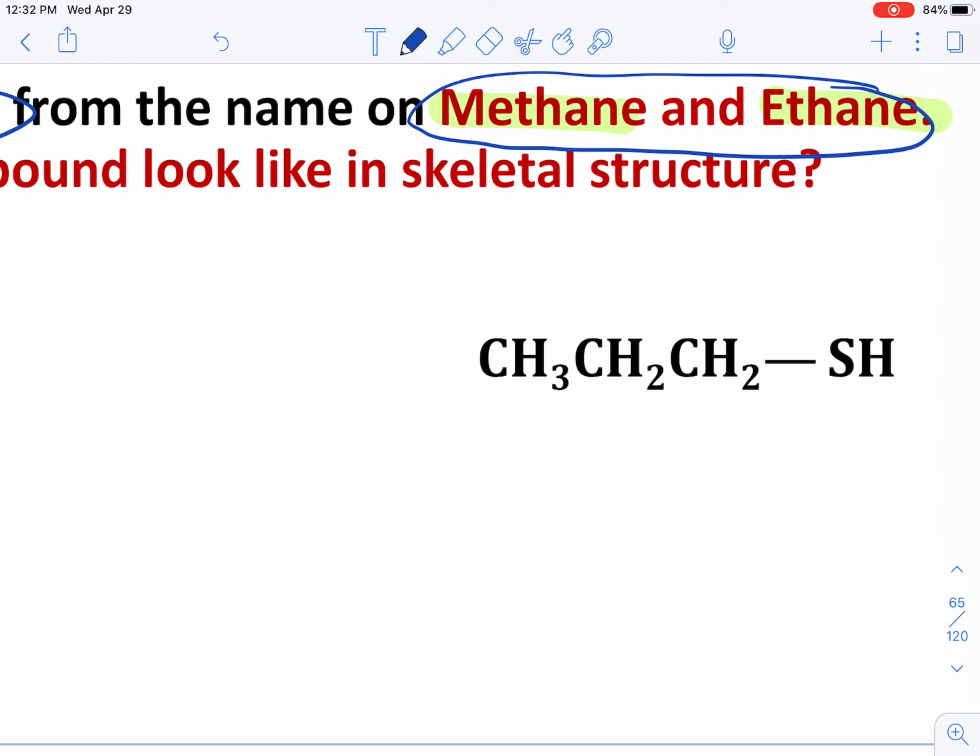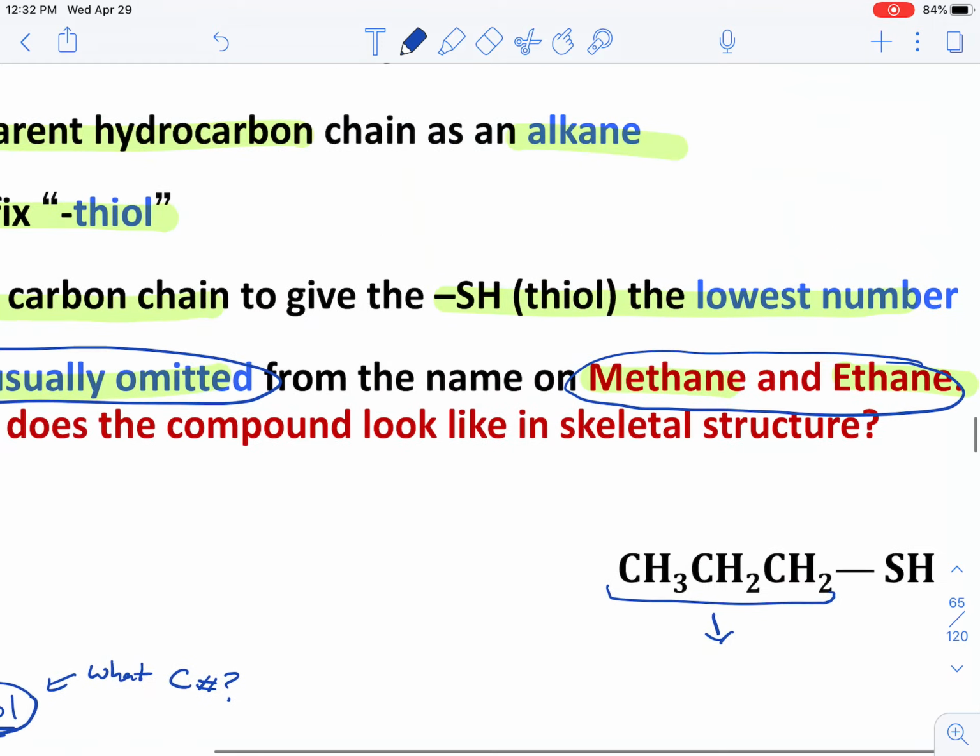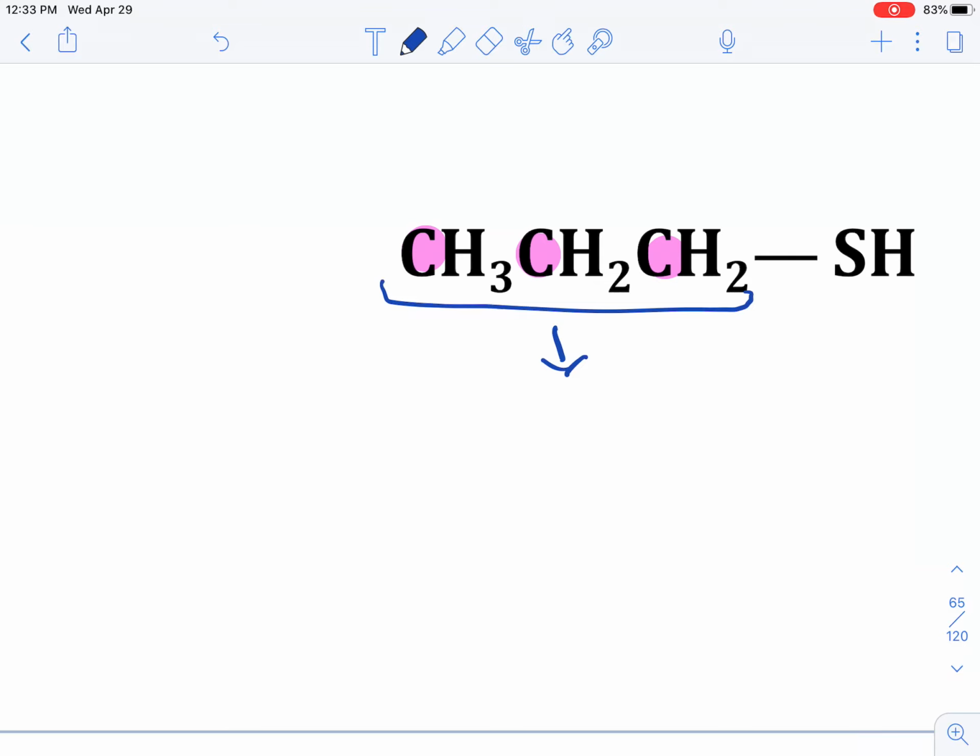Now, if you're looking at this example, here we have a 3-carbon compound. If we were trying to follow the rules to naming this specific thiol, the first step is to find the longest carbon chain. The longest carbon chain is going to be 1, 2, 3. And that's going to inform us that we're going to use prop as its prefix.